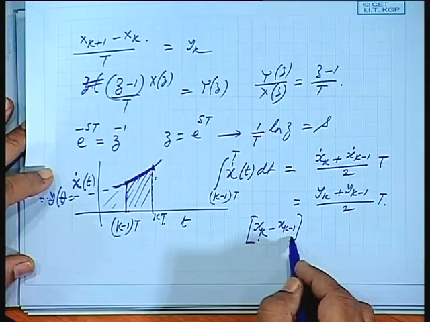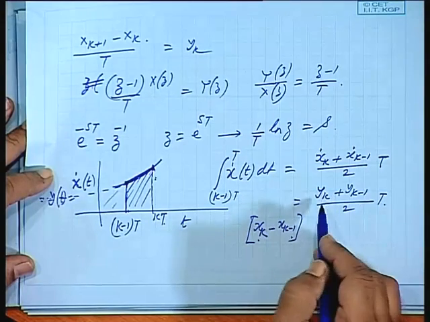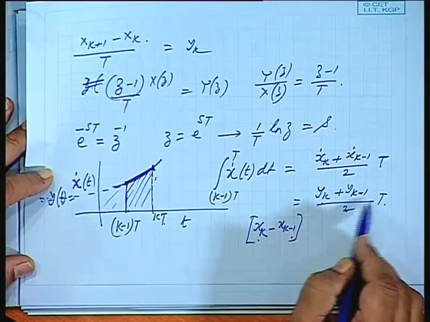So, it is this difference, which is equal to y k plus y k minus 1 by 2 into t.